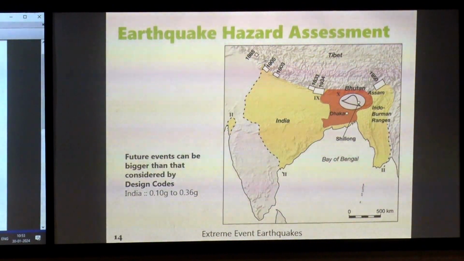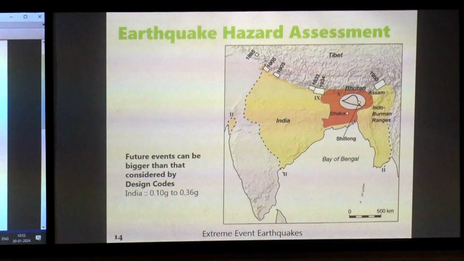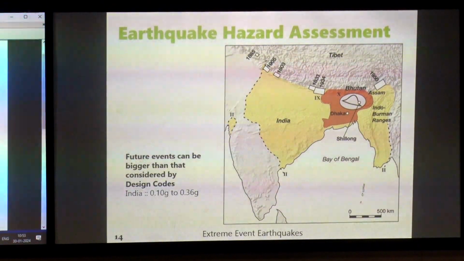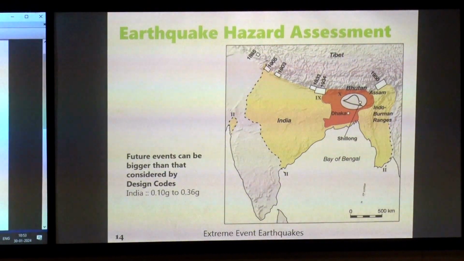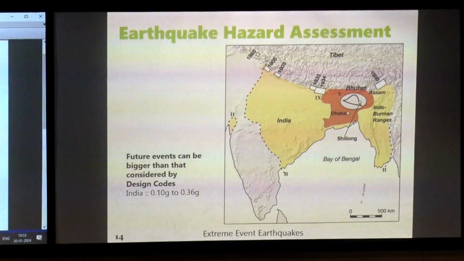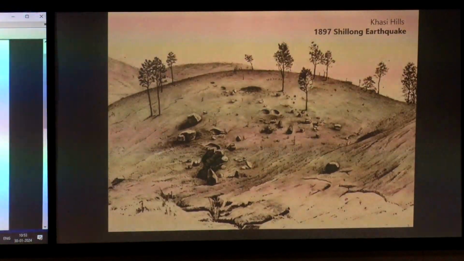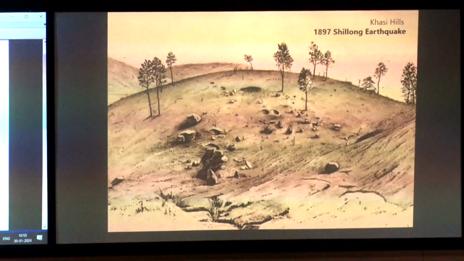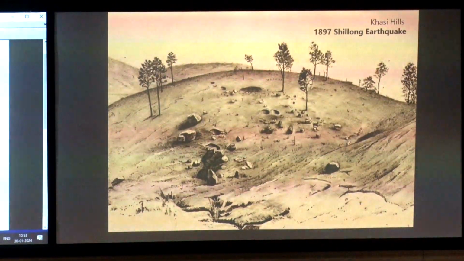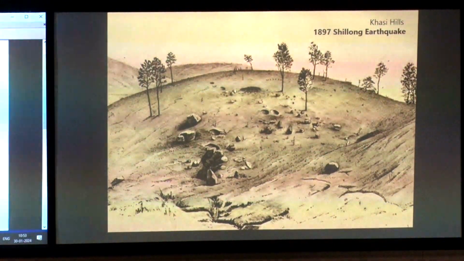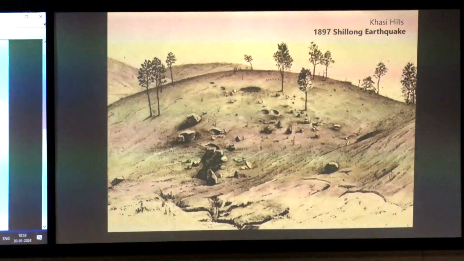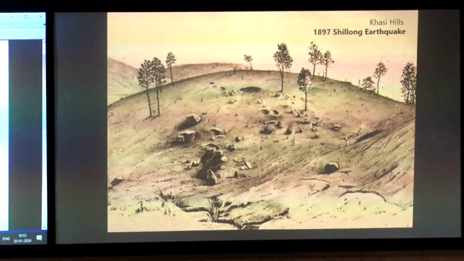So our design code values of 0.1, 0.2, 0.3 did not seem okay in terms of things that have been recorded in the past. And also, our own experiences in the country, not just from other parts of the world, tell us that there is a need.